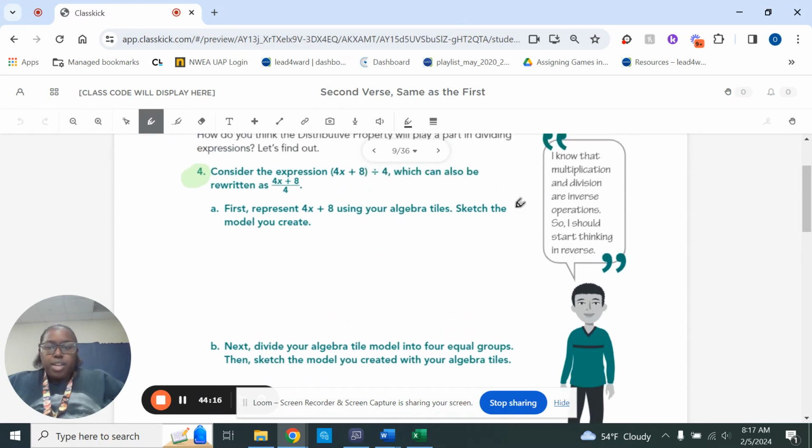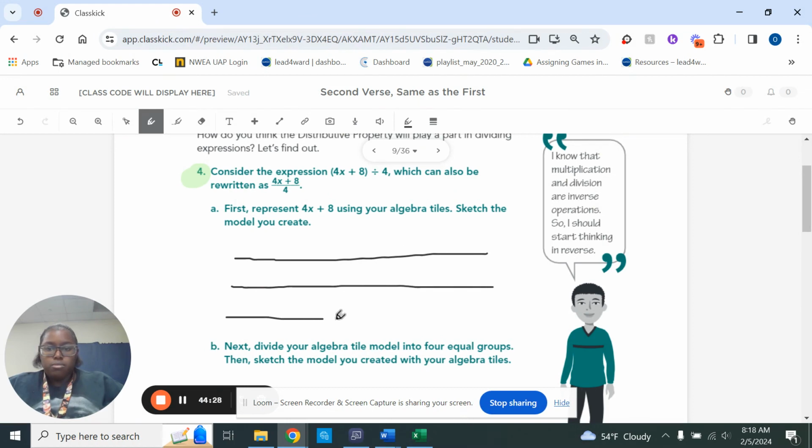So here we have 4x plus 8 divided by 4. Well, I already know I'm going to need 4 groups. So I'm going to put lines. So this is 1, 2, 3, 4. I need to split this into 4s. Well, looking at this one, we have 4x. So if I'm splitting it into 4s, that means I'm going to have 1x each. I'm actually doing A and B together. That way I don't have to draw this multiple times.